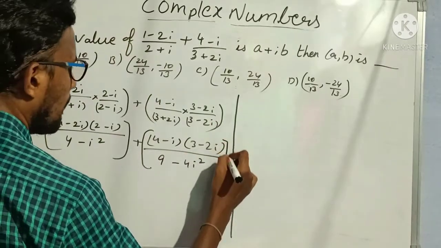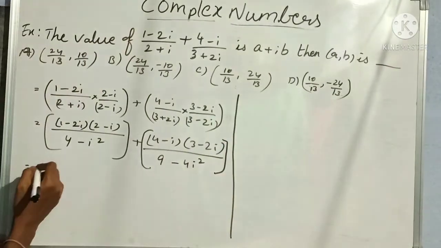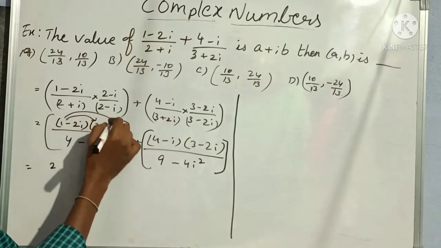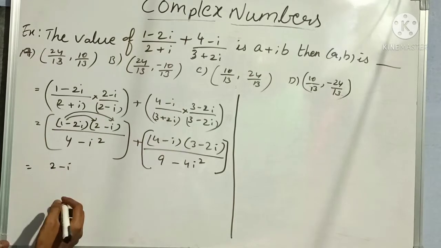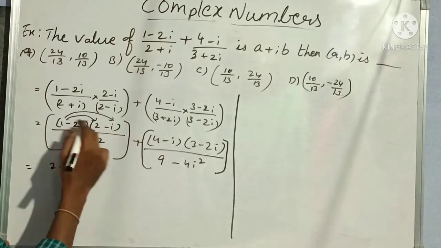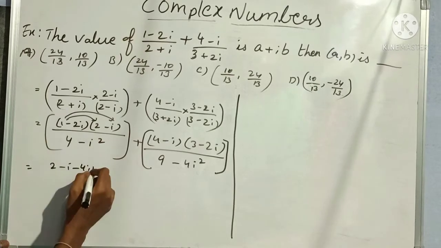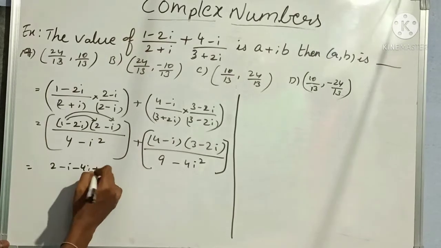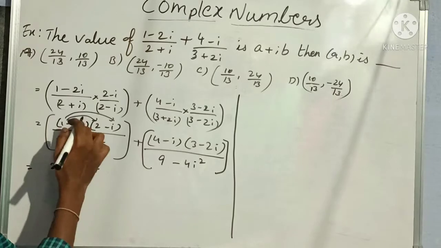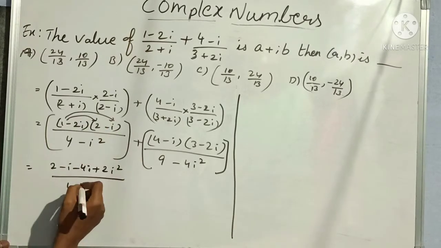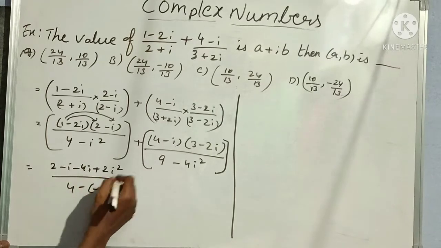Now let us multiply the numerator. 1 into 2 is 2. Again 1 into i is i, so 2 minus i. Again minus into plus is minus, 4 into i is 4i. Plus, minus into minus is plus, 2i into i is 2i square, by 4 minus i square, whose value is minus 1.